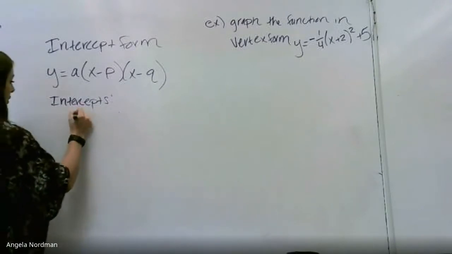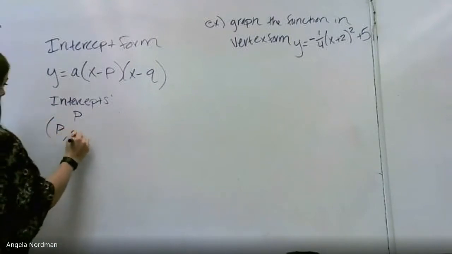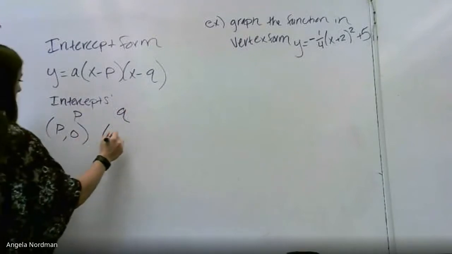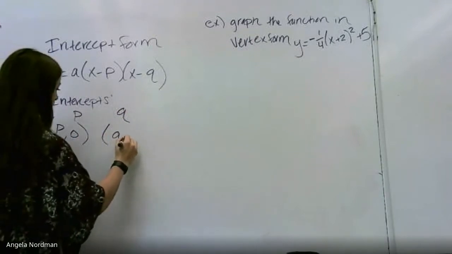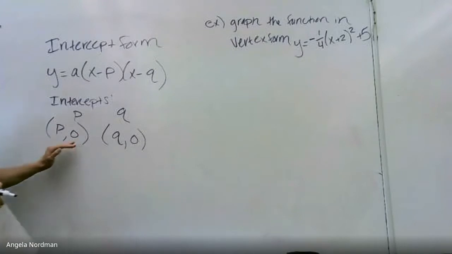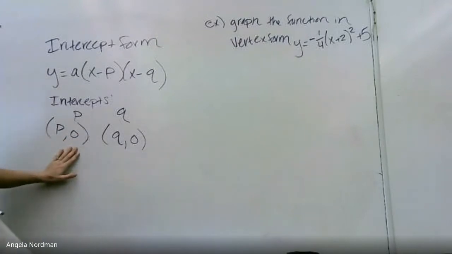So for p, that intercept is (p, 0). For q, that intercept is going to happen at (q, 0). So we get two different intercepts.